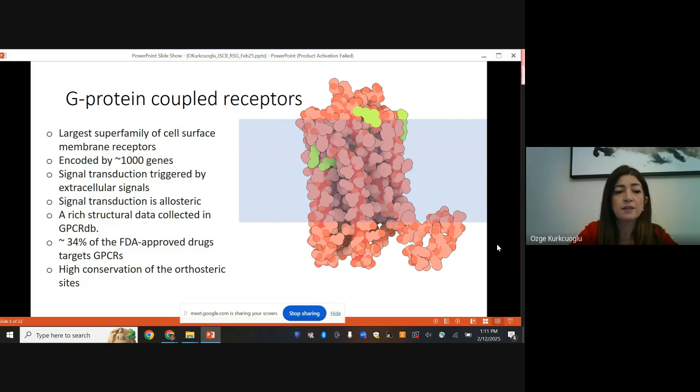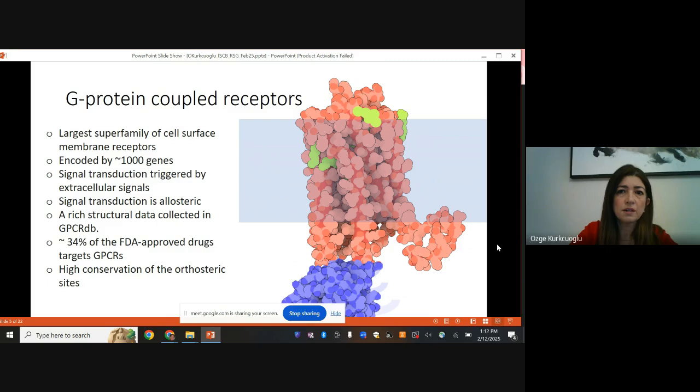Upon ligand binding from the extracellular site, the receptor transmits the signal allosterically to the intracellular site to start the biological response. And these receptors are implicated in numerous diseases and therefore are considered as targets in drug development studies. A high proportion of the currently approved drugs actually target the GPCRs.